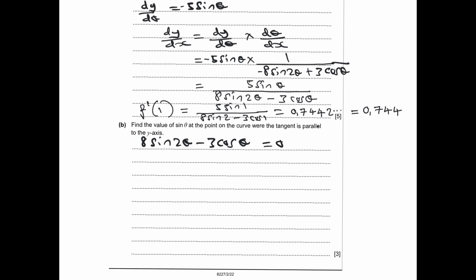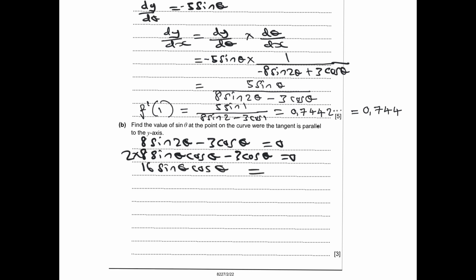To solve this, remember sine 2 theta is a double angle. If you check in your formula sheet, sine 2 theta is equal to 2 sine theta cos theta. So we have 8 sine theta cos theta, but of course that should multiply by 2, minus 3 cos theta is equal to 0. If we simplify that, we are going to get 16 sine theta cos theta.